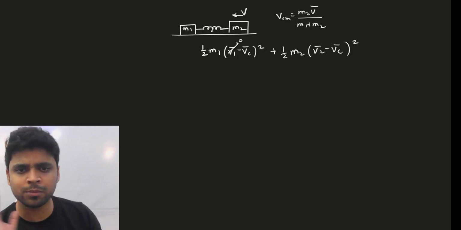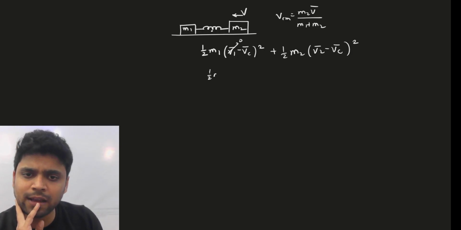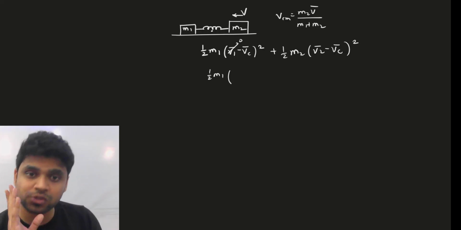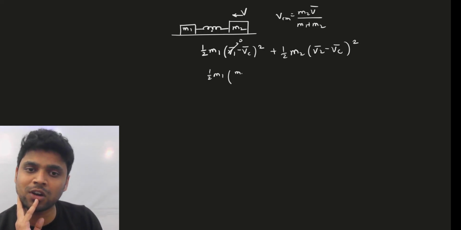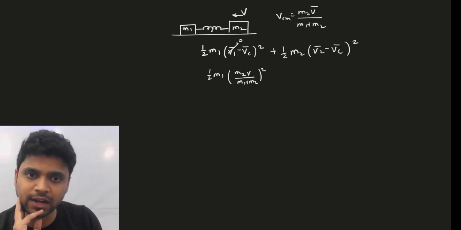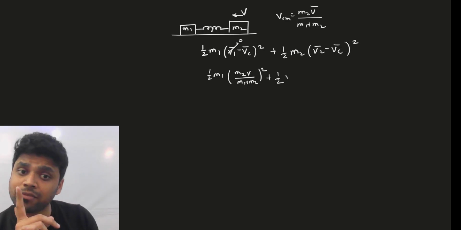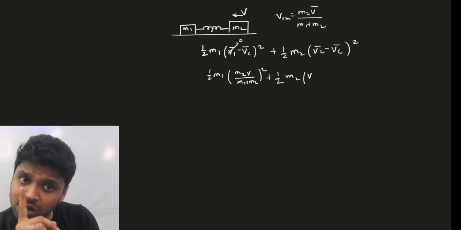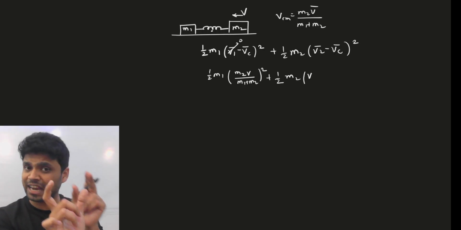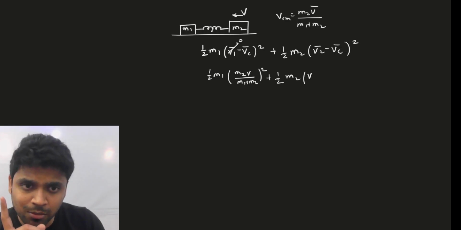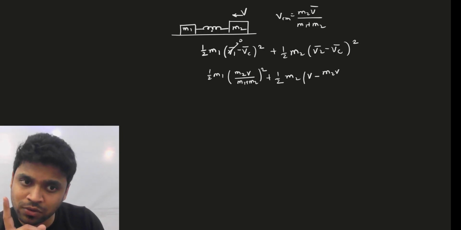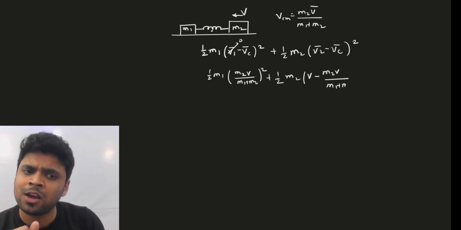So I'll simply write half times m1 times velocity of the center of mass whole square. So it's just going to be m2v divided by m1 plus m2 whole square, plus it's just going to be half times m2 times the velocity of the second block with respect to the center of mass. So it's going to be v minus again m2v divided by m1 plus m2.